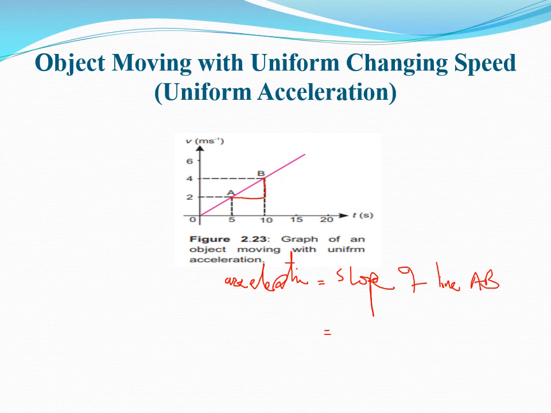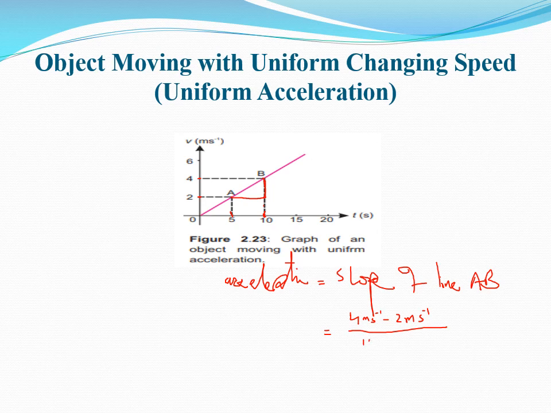So what is the slope? You are noticing that the change in velocity occurs. It goes from, if you see here, 2 meter per second to 4 meter per second while going from A to B. So the change in velocity is 4 meter per second minus 2 meter per second, and the change in time goes, you see here, from 5 seconds to 10 seconds.